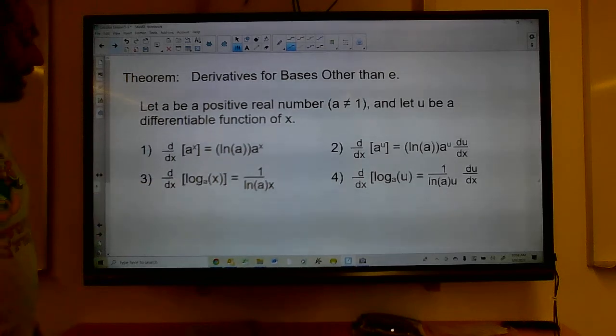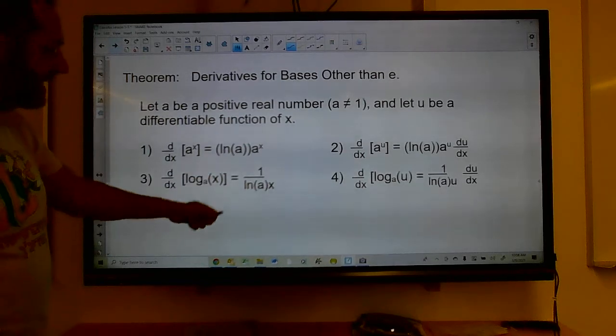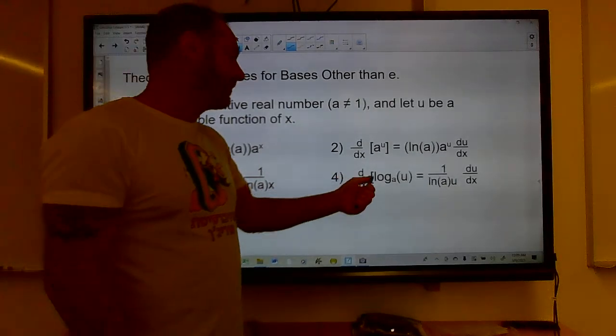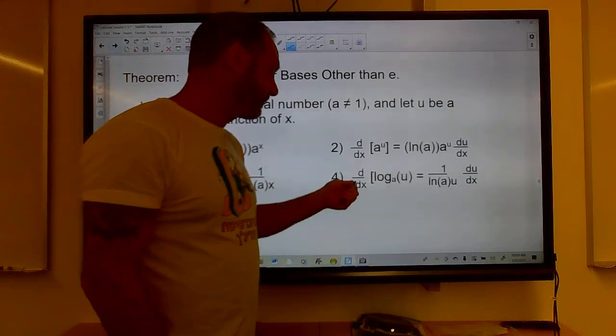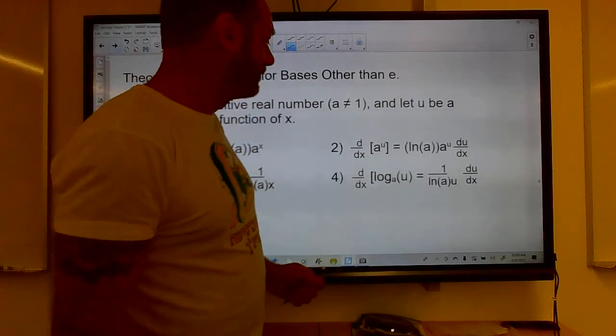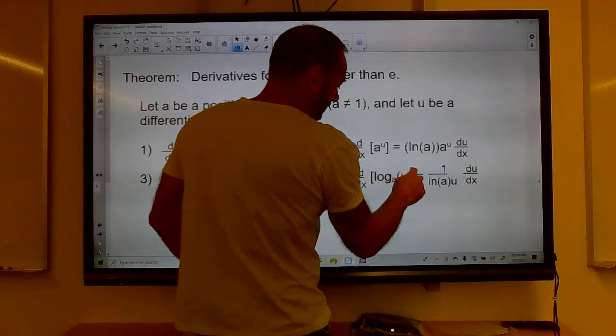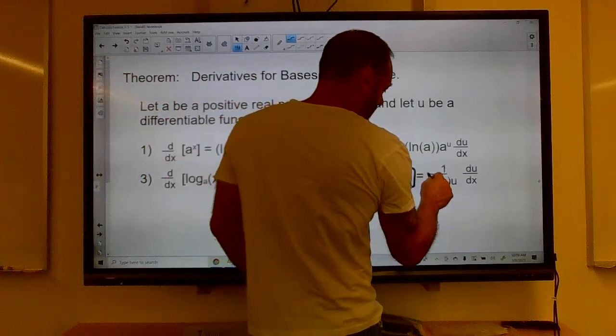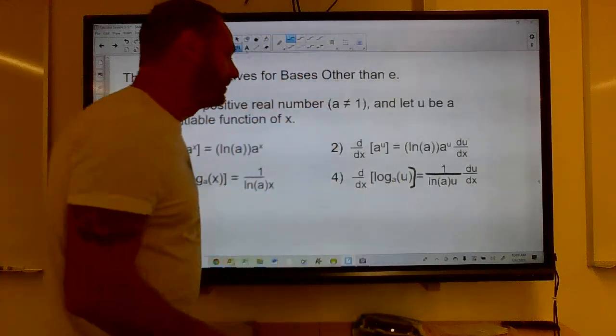The derivative of log base a of x is 1 over the natural log of a times x. And the derivative with respect to x of the log base a of u, this should have a closing bracket there, is 1 over the natural log of a times u, times du dx.